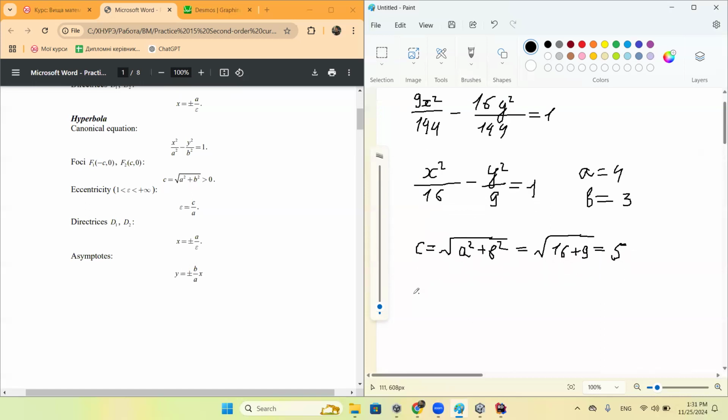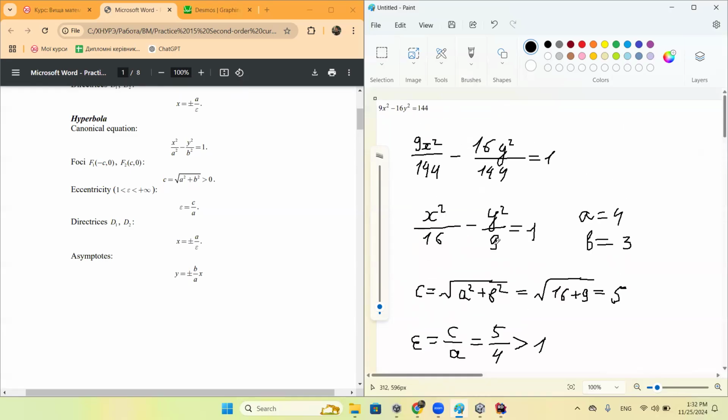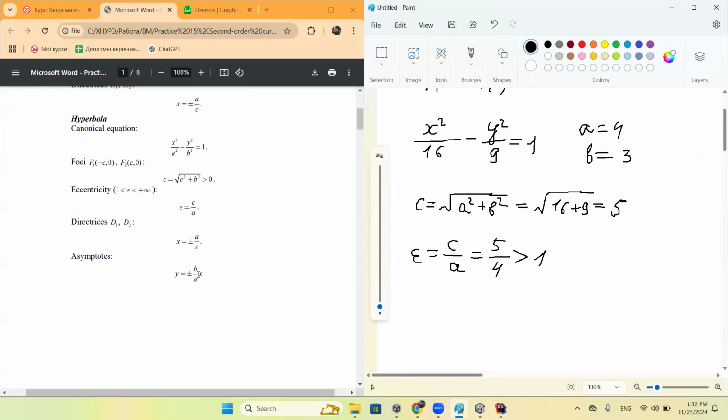So eccentricity equals C divided by A. It equals 5 by 4. And it is greater than 1, so this value is valid. And now we need to find the asymptotes. So asymptotes are found with this formula.